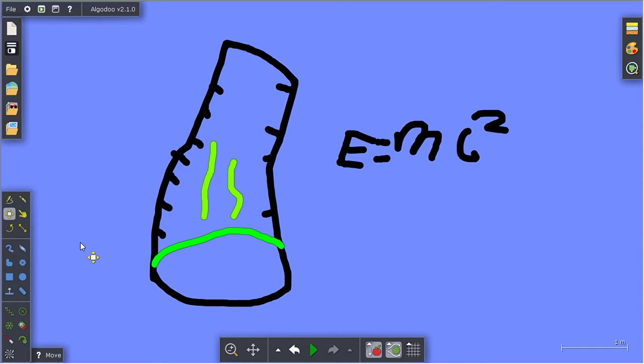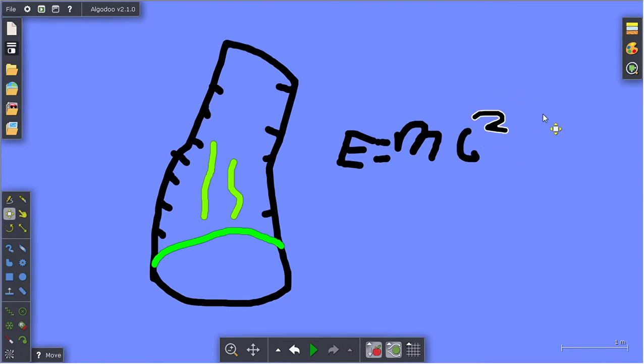But right now I'm going to be doing something so alien to what I normally do on this channel. I'm going to start explaining stuff, like Albert Einstein's equation, E equals mc squared. Well, E means energy. And the equation basically means energy is equal to the mass of an object times the speed of light squared.